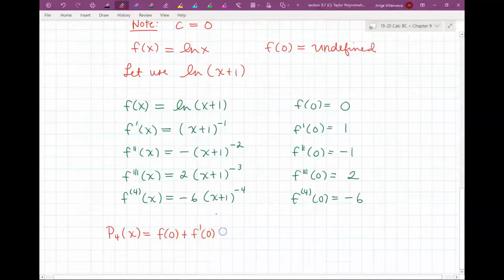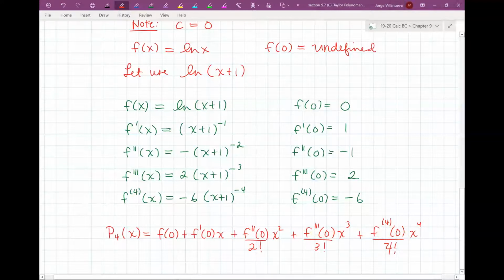Actually, it should just be x, not x minus 0, plus f double prime at 0 x squared over 2 factorial, plus f triple prime at 0 x cubed over 3 factorial, plus f quadruple prime at 0 x to the 4th over 4 factorial.